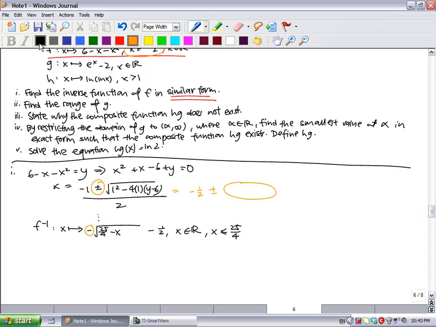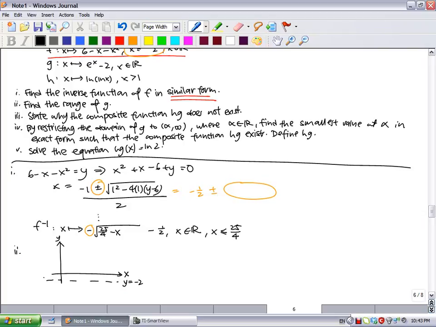The next one. Find the range of g. The simplest method for this kind of thing is really always just to sketch it out. Graphs are always the easiest method to see anything. So when you sketch it out, you see that there's a horizontal asymptote of y equals minus 2.